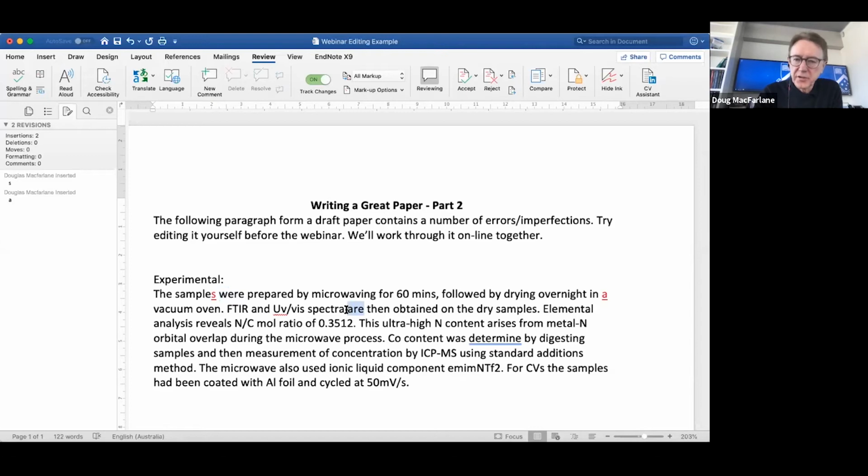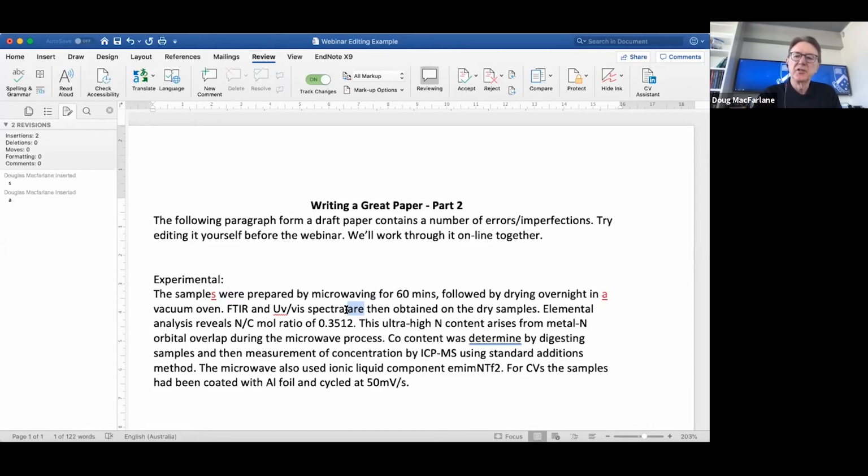Here we switch to the present tense. That would be unusual to write it this way. This is written more like a set of instructions. If you're writing a set of instructions for a third-year student in the laboratory, you might write it in the present tense. So there's nothing wrong with writing in the present tense.